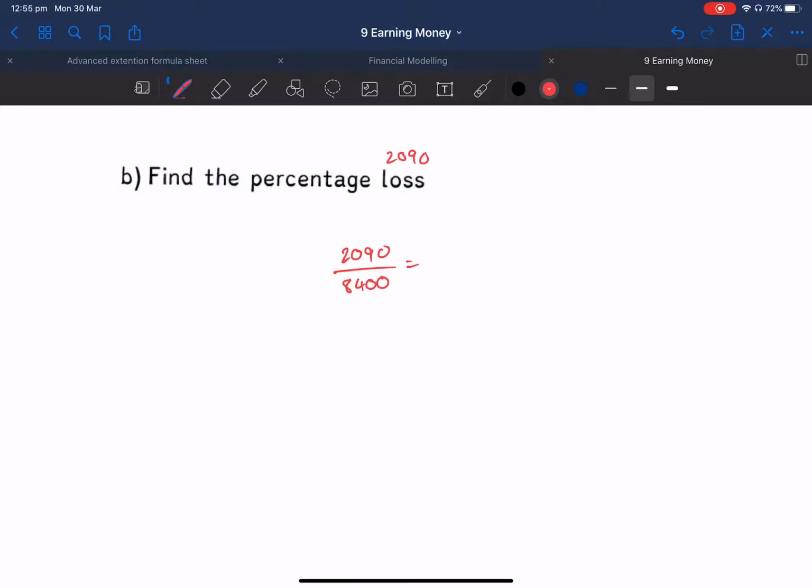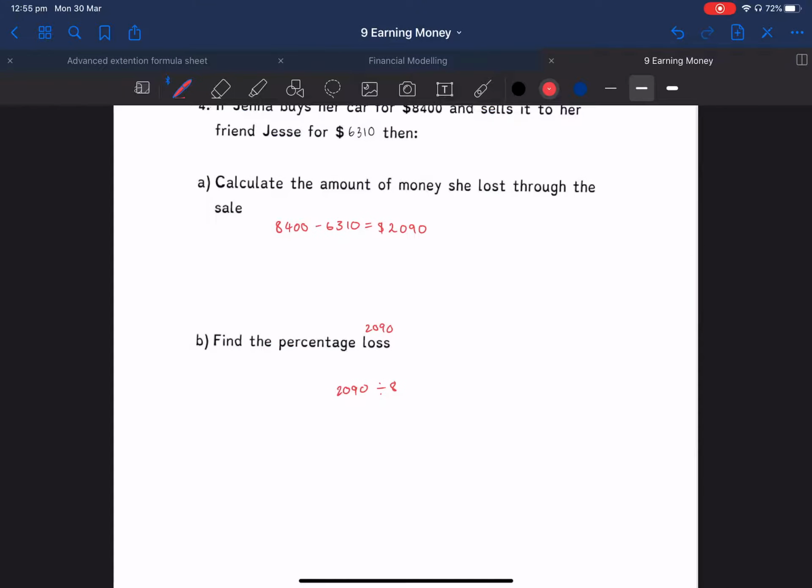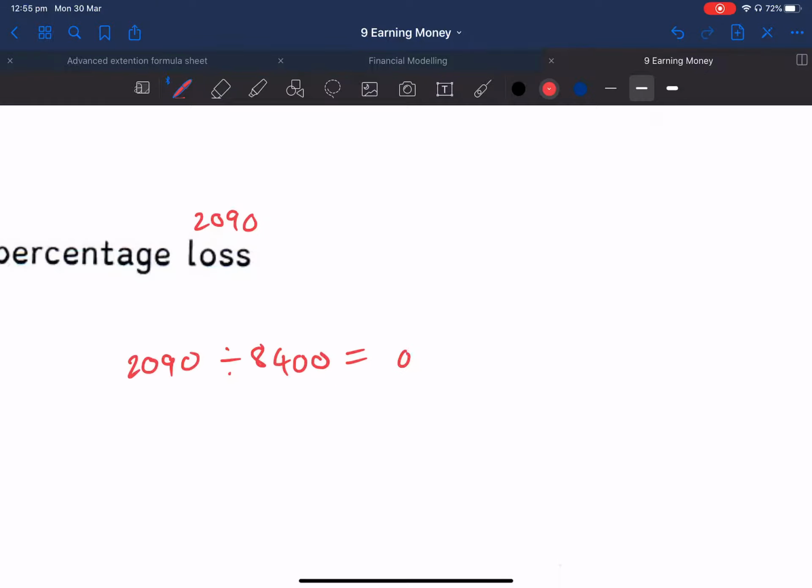You can pop that straight into your calculator if you like. Again, sorry, I'll write it how you're probably doing it on your phone. That'd be divided by, was it 8,400? Yep. Type it into your calculator, and you should get 0.2488, and so on. We might round it now and just call it 0.25.